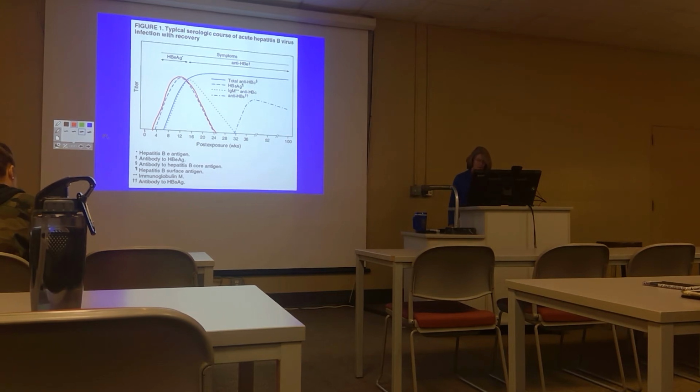The second one is hepatitis B surface antibody. So when your patient gets infected with the antigen, your immune system will mount a response and make an antibody. Hepatitis B surface antibody is the antibody to the surface antigen.